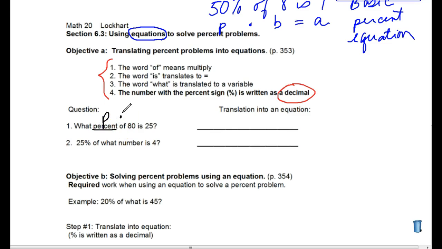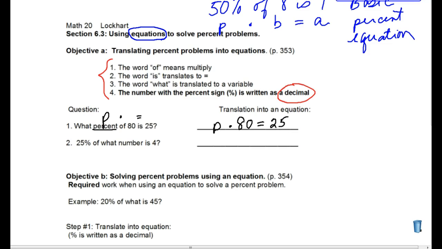I'm going to use a dot for multiply. Is means equals. So we translate right off of the words and the numbers. What percent? P. Of means times. 80. Is means equals 25. There's a little equation that we can use to find the answer.